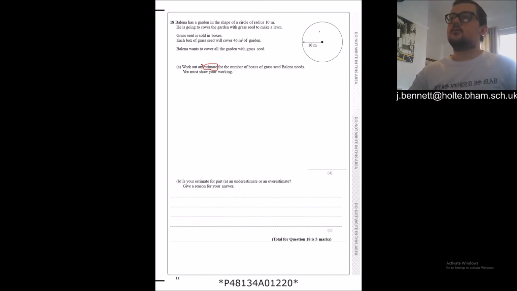So we get our 10 meters squared, and we can do the same thing again. The area of a circle is pi r squared. We're going to round pi down to about 3, multiplied by 10 squared. 10 squared is 100, 3 lots of 100 is 300.